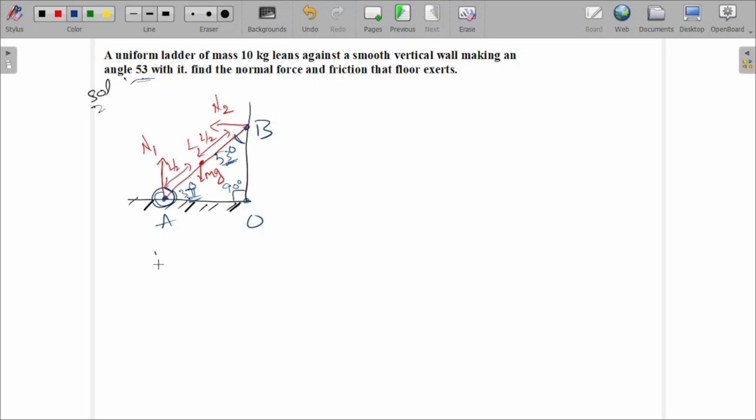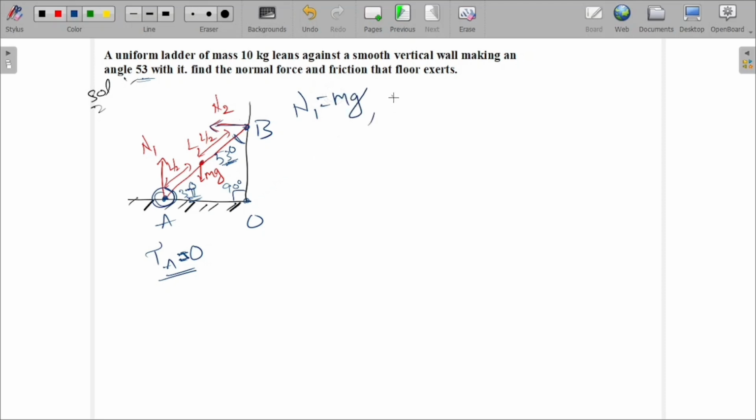So torque at point A is 0. So what about point B? This N2 is pushing in this direction. But before that, first find the normal force. Now here N1 is acting upwards, weight is acting downwards. N1 is balanced with mg.